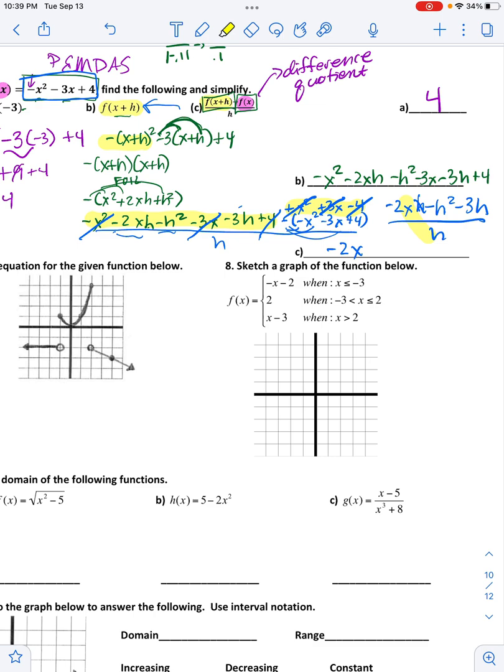If you then look at the middle term, you have an h squared over h, so you still have one h left. And then if you look at the last one, you pull out an h, you'll be left with negative 3. So this is my answer to C, and it is known as my difference quotient, my baby step towards calculus.